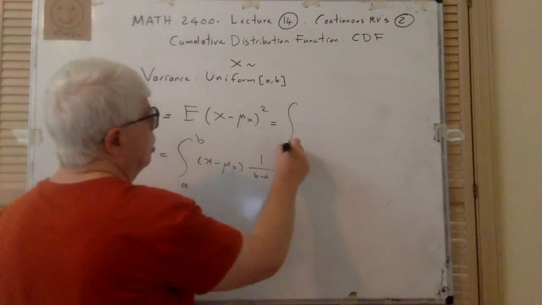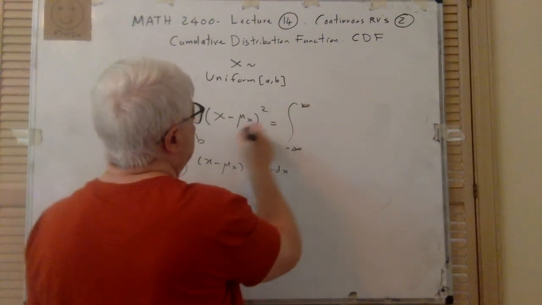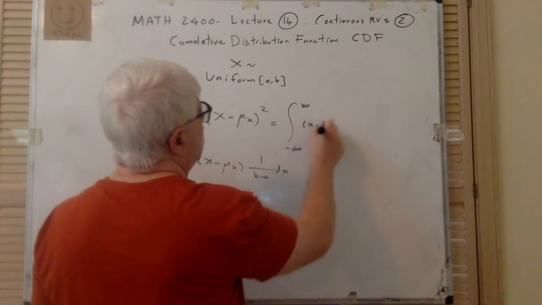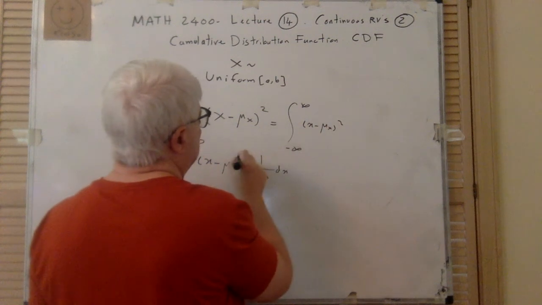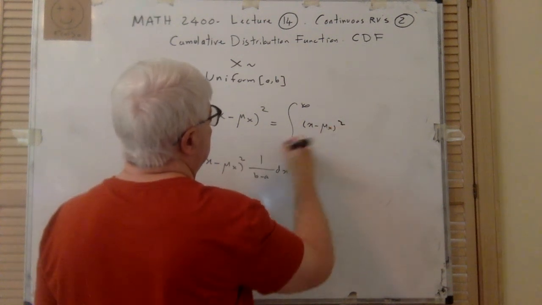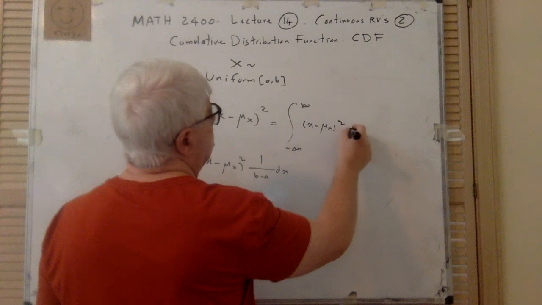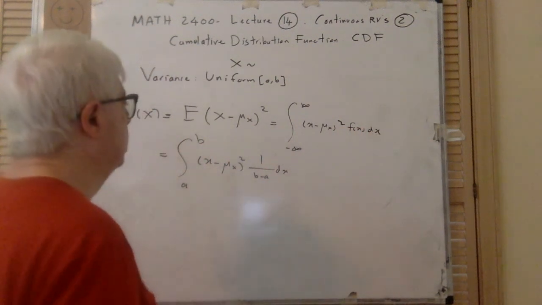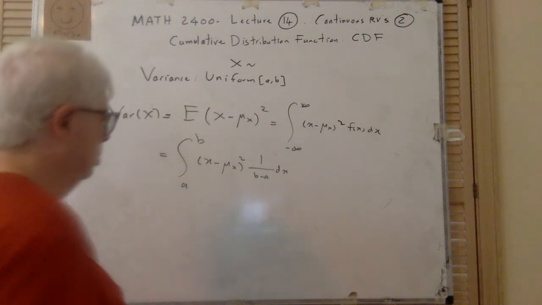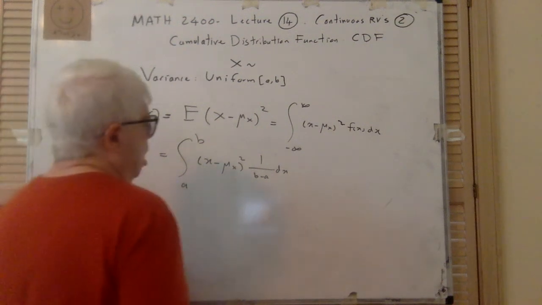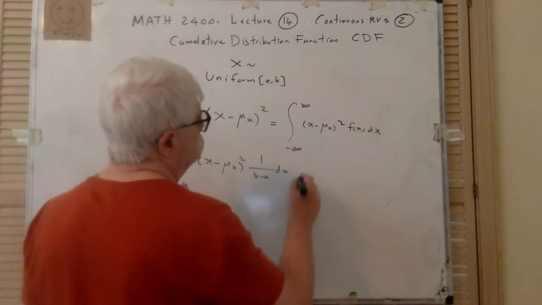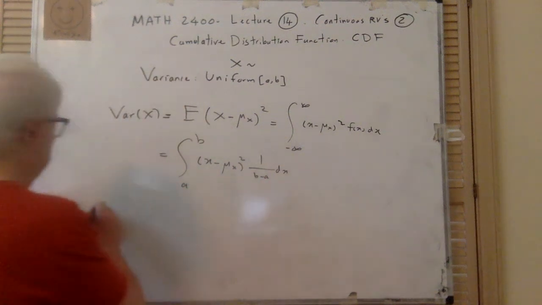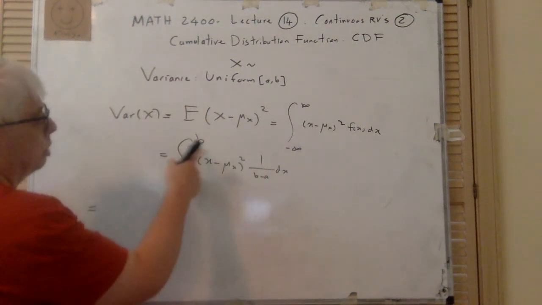This is in fact the integral from minus infinity to infinity of (x minus mu x) squared times f of x dx. So I have an x squared.